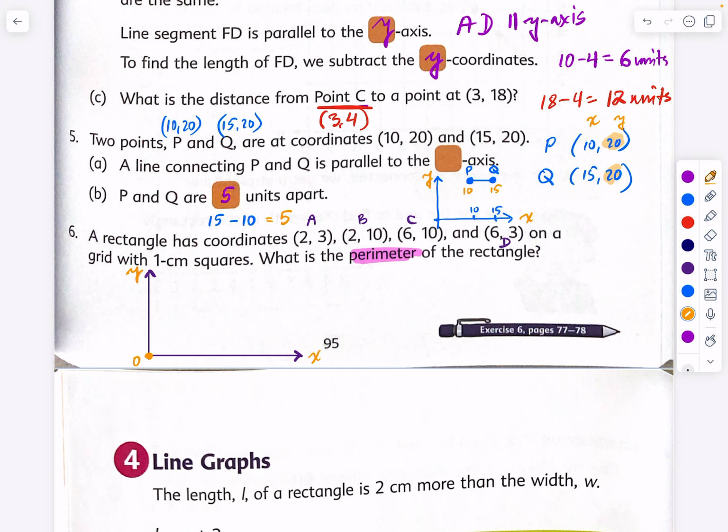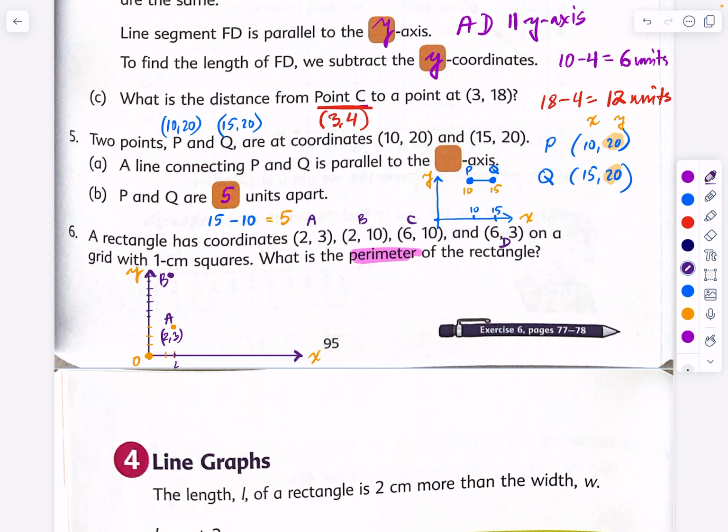Now, for point A, we go 2 to the side and 1, 2, 3 up. This is point A. For point B, we're still on 2, but we go up 10. This is point B, right?